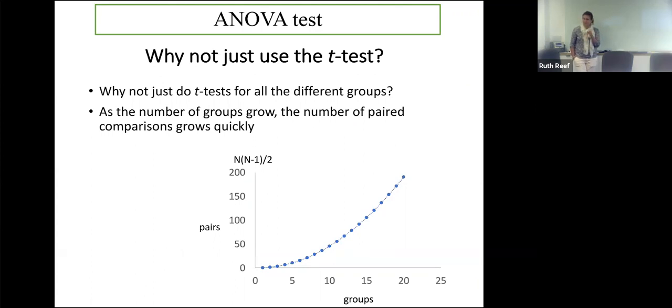I'm taking too much risk here. I'm adding up those 5% every step of the way. So what I want is a single test statistic, not to repeat t-tests on all possible pairs.